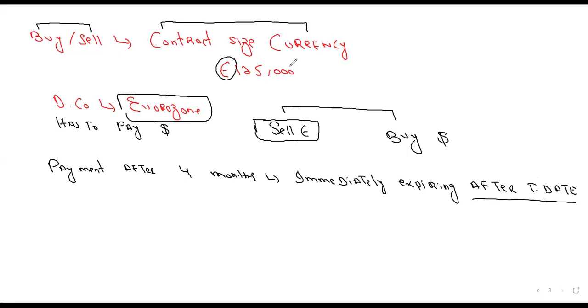transaction date. Now guys, as we have to do the payment after 4 months, in the question the examiner has given you 2 expiries. One is the 3 months expiry and one is the 6 months expiry.